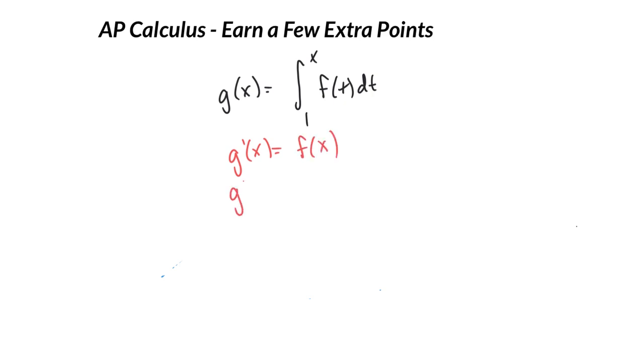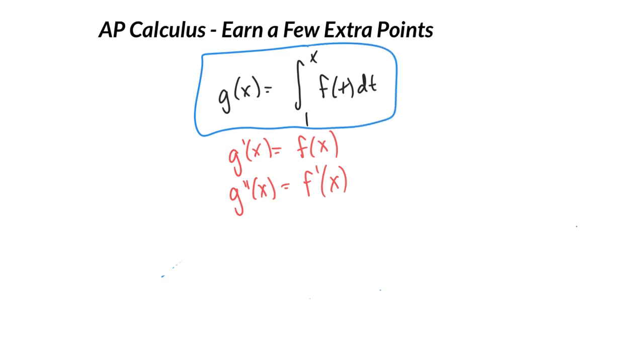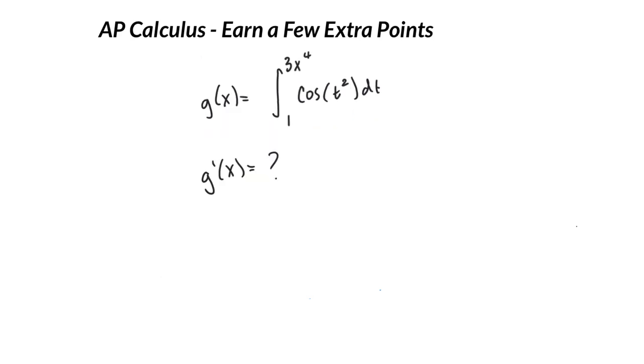And then I know that the second derivative is just f prime. Anytime I see this, of course, the constant down here doesn't matter. Anytime I see that relationship, automatically write the other 2 pieces of information that you know. It's going to help you earn more points.